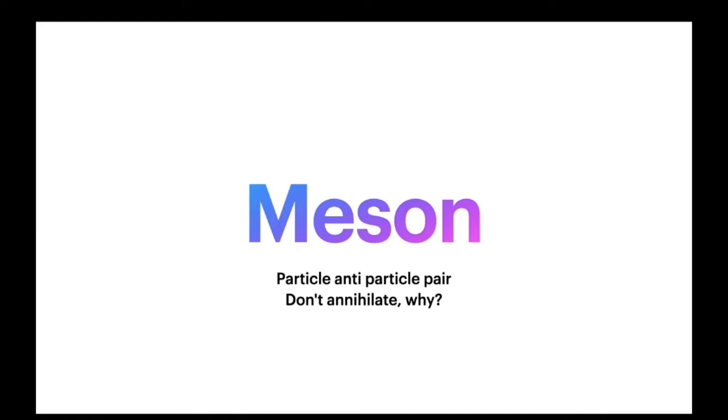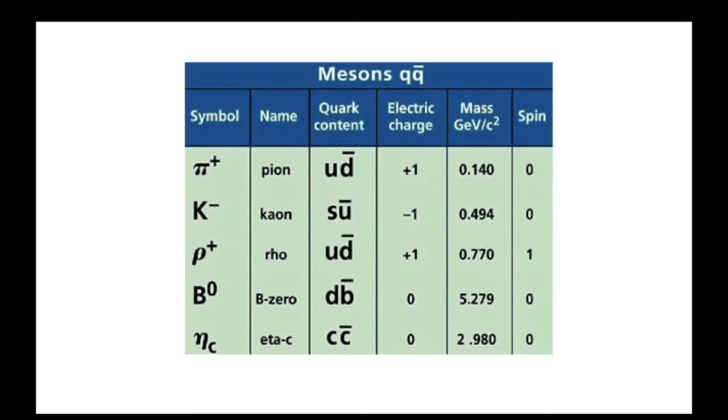If it's an up and anti-down quark pair, it can exist, but only for a short amount of time. All mesons are unstable. Mesons generally decay into electrons, antiparticles and neutrinos. You can see here, up and anti-down quark is a pion, strange and anti-up quark is a kaon, and so on, as you can see.